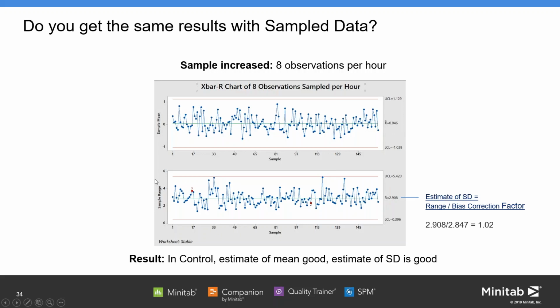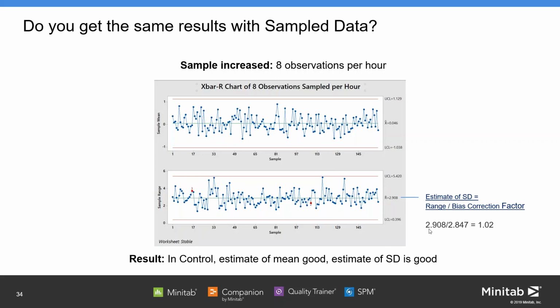When we look at the bottom and we see the sample range, you can see that the average range is 2.98. However, to change this into an estimate of the standard deviation, we need to divide the range by the bias correction factor for this subgroup size.